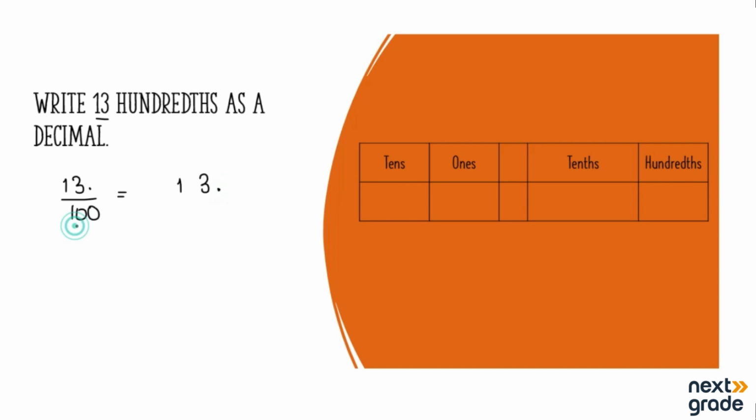So we are going to look at the denominator and we have 2 zeros over here. Decimal को 2 numbers left side पे move करेंगे, 1 and 2. So we are going to put decimal over here और उससे पहले हम put करेंगे 0. So this fraction becomes the decimal 0.13.